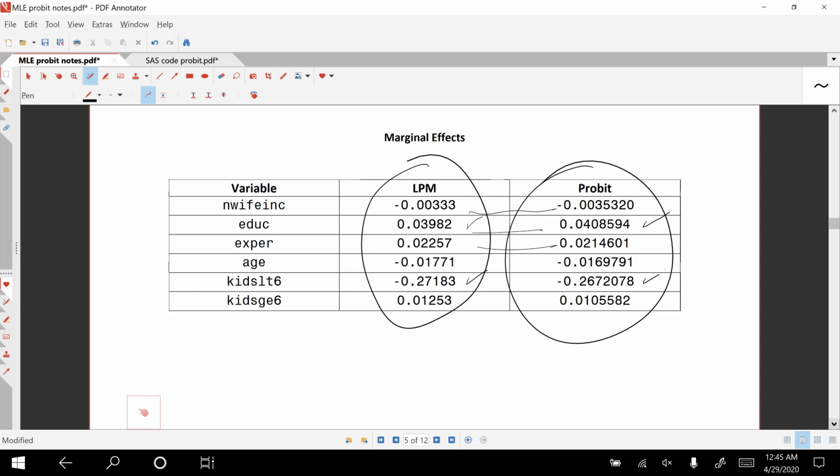Some researchers like it because the linear probability model is a linear model. So if you have problems with endogeneity, which happens all the time, then you can use a linear probability model, and then you can use all the theory that we had talked about before regarding endogeneity. You can use two-stage least squares, and so on.